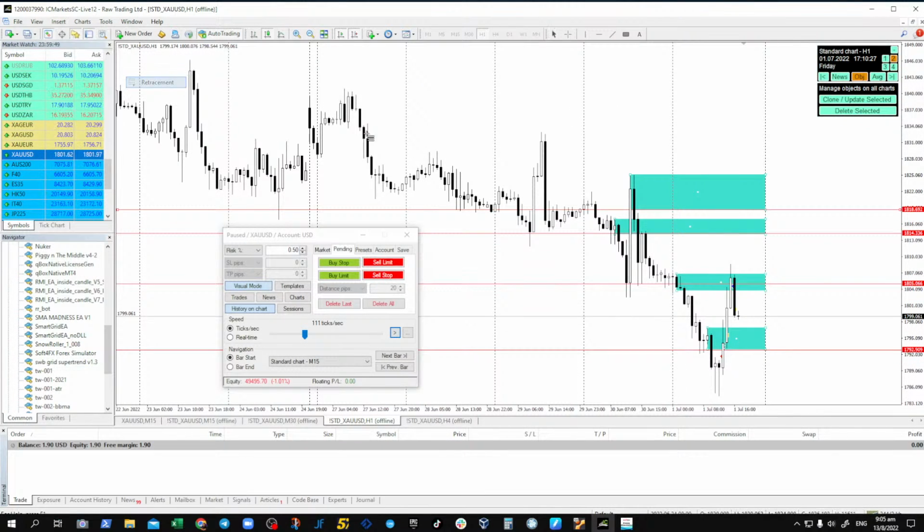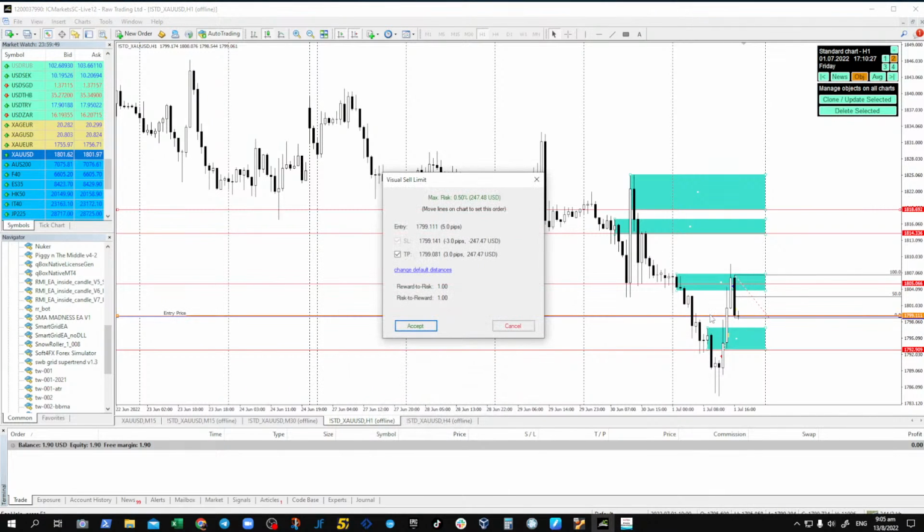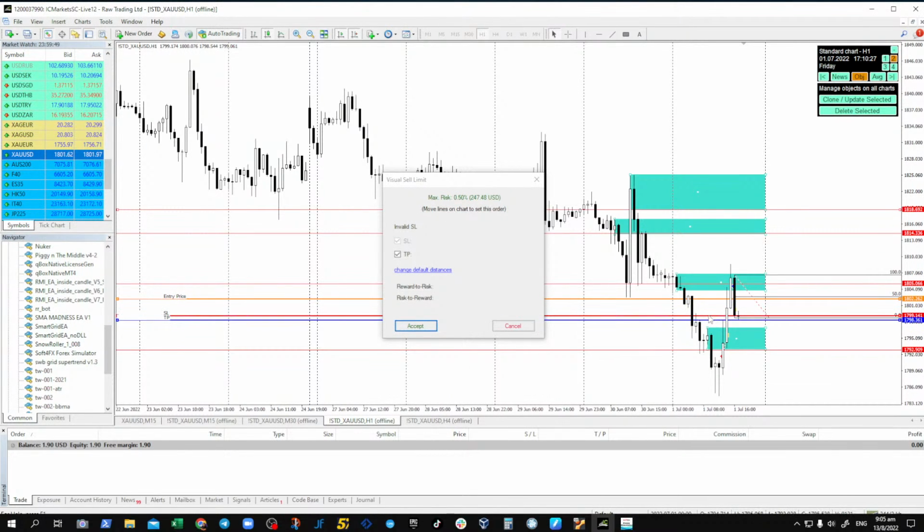Okay, so insert Fibonacci retracement. As you can see here, this is a big bearish engulfing candle, which is about 78 pips. So I want to put a sell limit at the middle of this candle, and I put my stop up here, and my TP here.